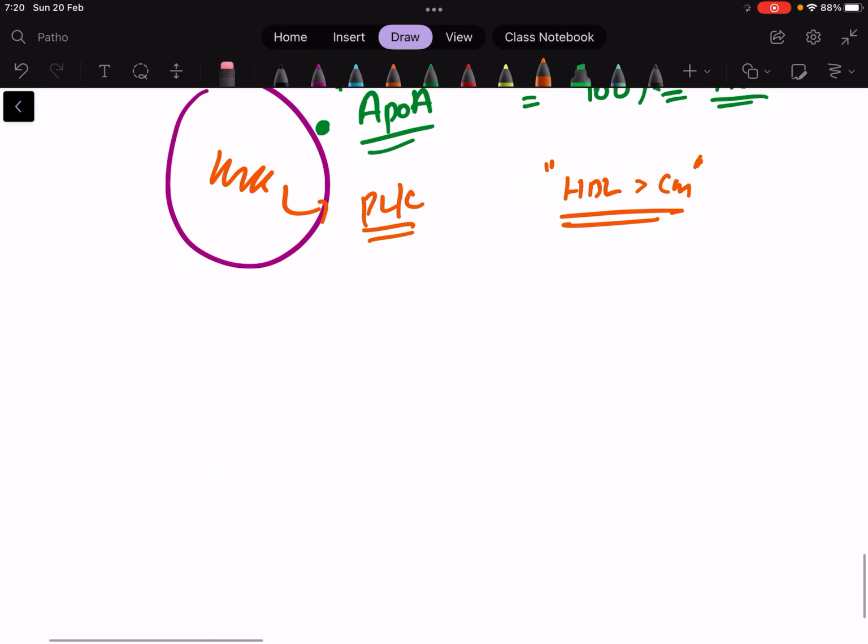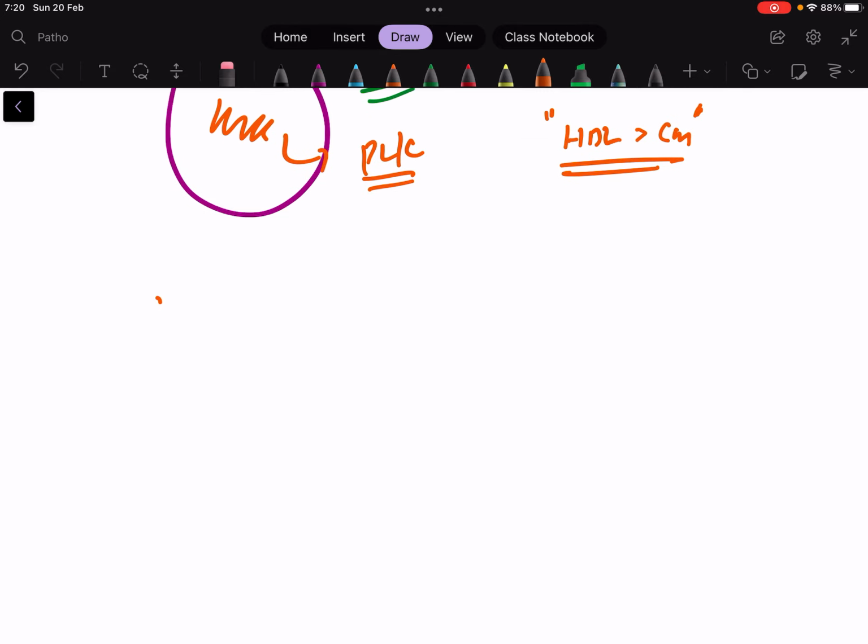Now what about chylomicrons? Chylomicrons are lipoproteins which come from your small intestine or your GIT, right? Lipoprotein from GIT. So what is the apoprotein present on chylomicrons?